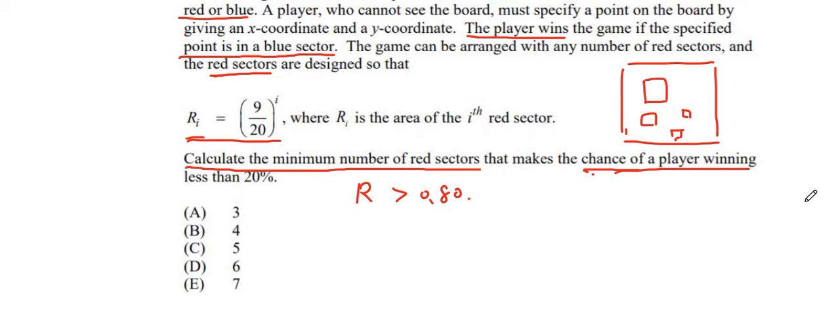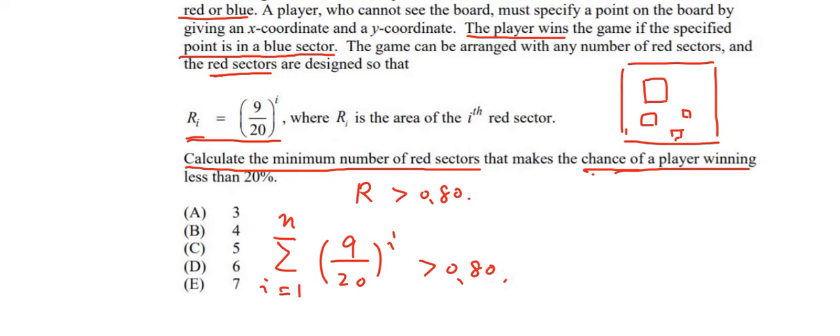So we check i from 1 to some number, and we let this be larger than 80%. So the question is, what is the smallest n?